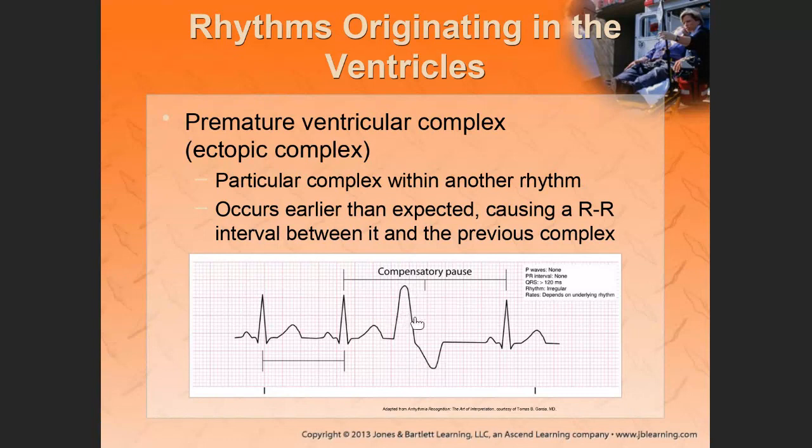The ventricle is contracting too early, and that can cause a problem. Why? Remember that the impulse has to slow down to allow blood to enter the ventricle. So if the ventricle starts to contract when there is no blood to push out, we're going to have a problem.